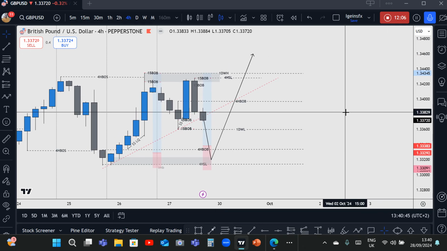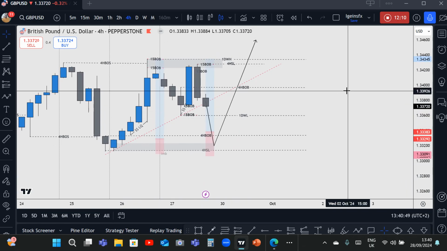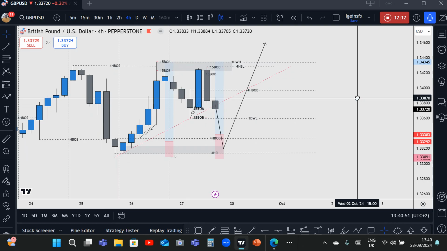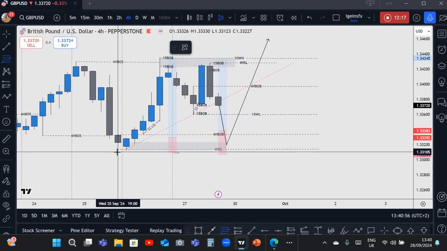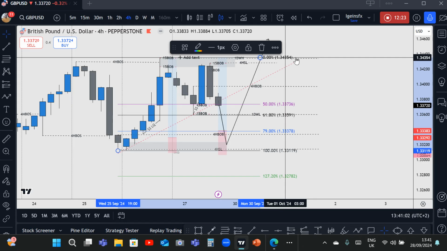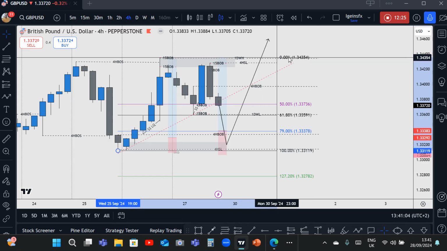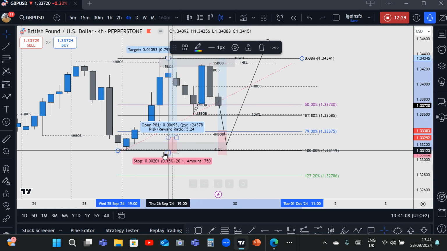Having given you my analysis at this point, if you want to put in another confirmation, you bring out your Fibonacci retracement tool, take it from this strong low because the whole move originated from this level, this strong low.